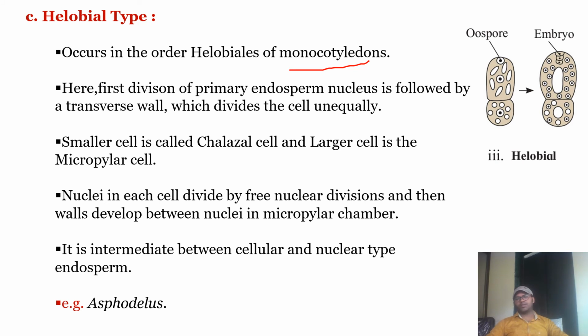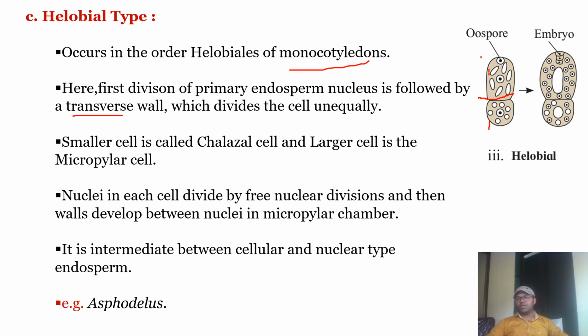Here what happens? The first division of PN will take place, which is followed by formation of a transverse wall. This wall divides it into two cells. One is larger, another one is smaller. The smaller is present towards the chalaza, the larger is present towards the micropylar end.